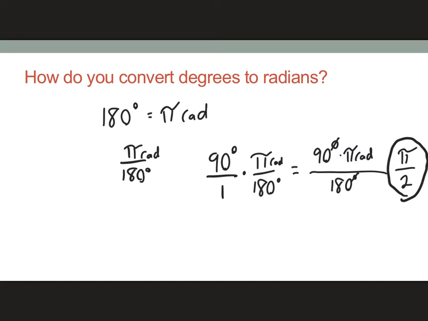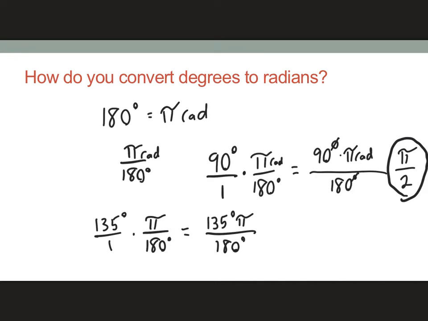Okay, let's try another one. 135 degrees. So we're going to multiply that by pi over 180, and we put it over 1. So 135 degrees times pi is just 135 times pi degrees over 180.